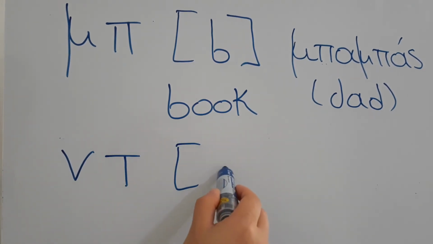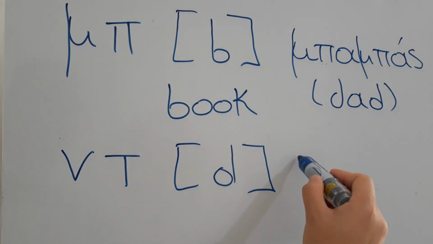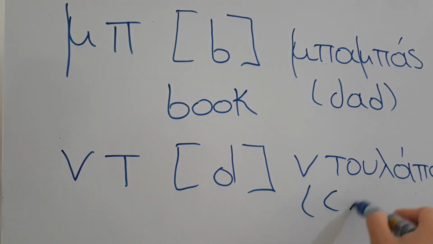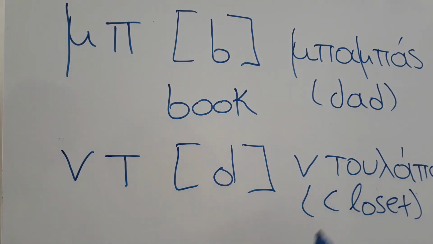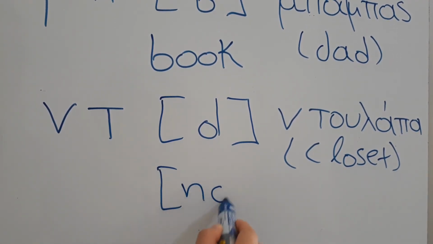And the last one is the D. You hear the sound D, like you say dad. Dulapa. It means closet. But sometimes you can hear the N sound before D. This sound, N-D.